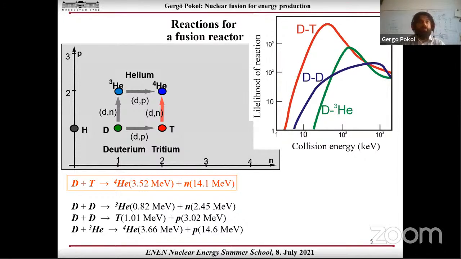I mean, there are shorter half-lives. So if we produce some tritium, we can actually store it for a while. Yet on the time scale of nature, it's very short. Okay, so there is not much naturally occurring tritium on Earth.